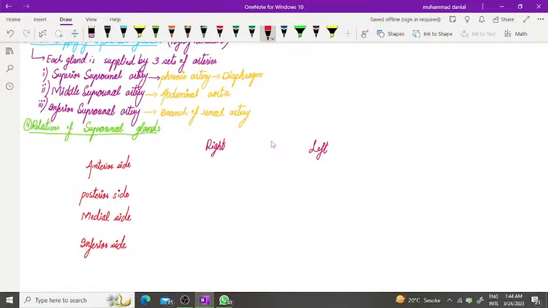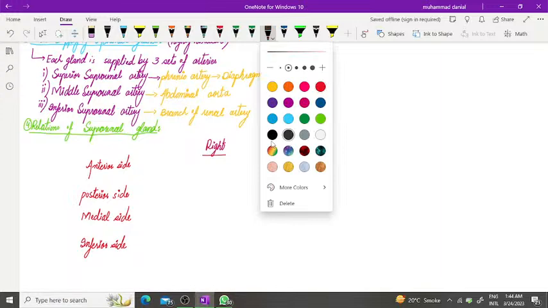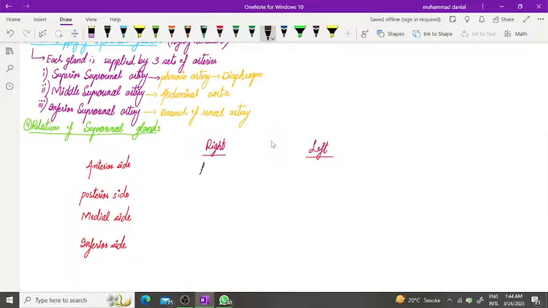Okay. If I talk about the right suprarenal gland, to the anterior side of the right suprarenal gland, the liver is present.